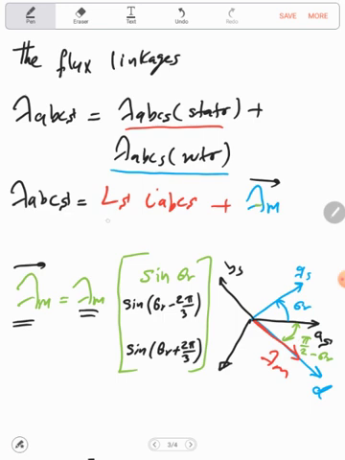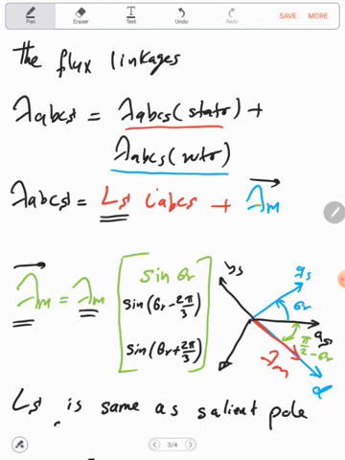Now here the self-inductance actually is the same as the salient pole synchronous machine. Now LS is the same as the salient pole synchronous machine.